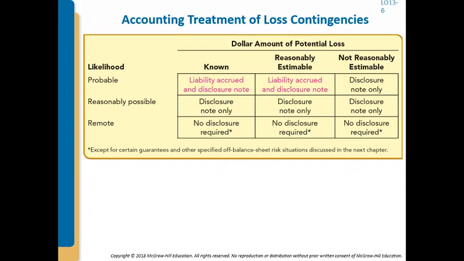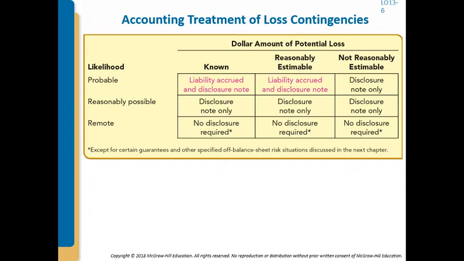If it's reasonably possible and the amount of potential loss is known, then because it's only reasonably possible that this might occur in the future, you disclose in a note only. If it's reasonably estimable, disclose as well. If it's not reasonably estimable, disclose as well.